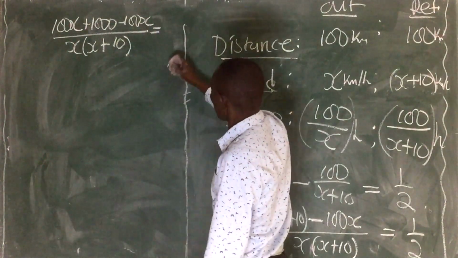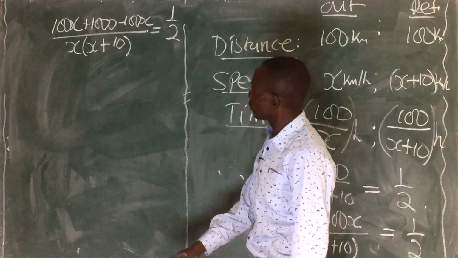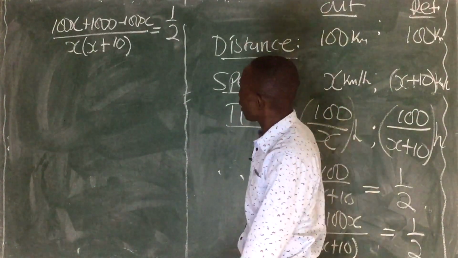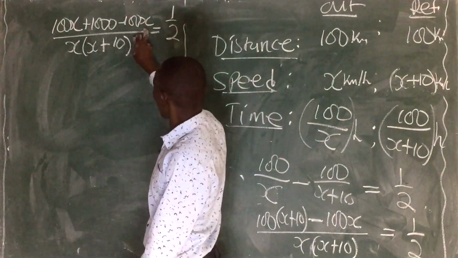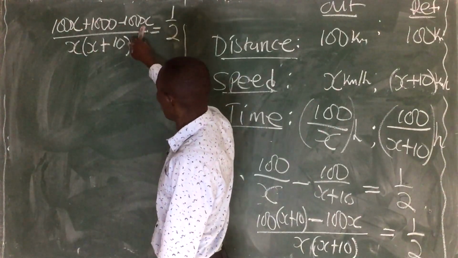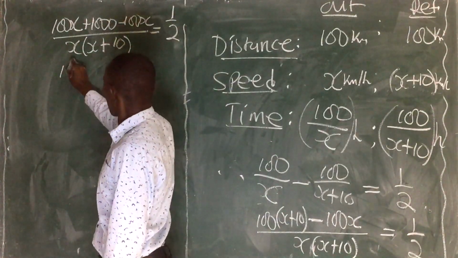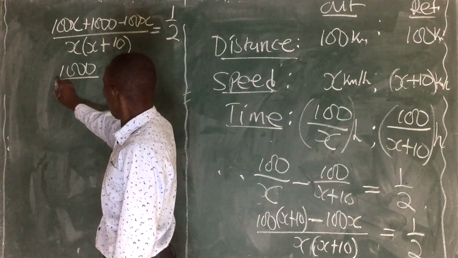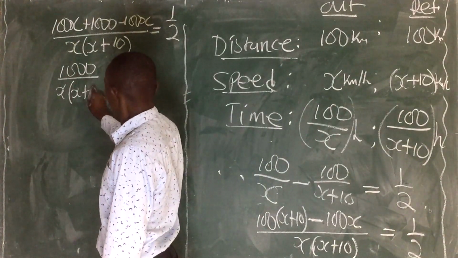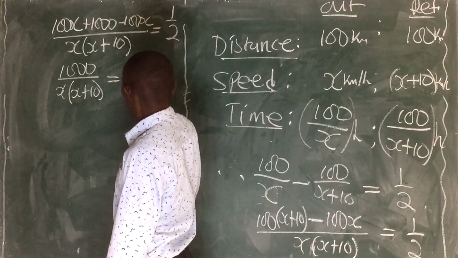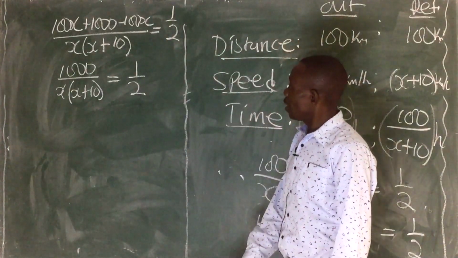On this side here, we still have a half as such. We have like terms there on top. So 100x and 100x will go. So you have got 1000 over x open bracket x plus 10. And this side here we have a half as such.